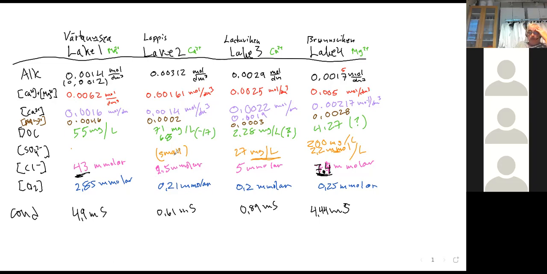Can I ask, for the DOC, I've written it in moles. How do you go to milligrams per liter? Yeah, you multiply by, say, if it's oxygen, then by 32, the molar weight of oxygen. Oh, okay.